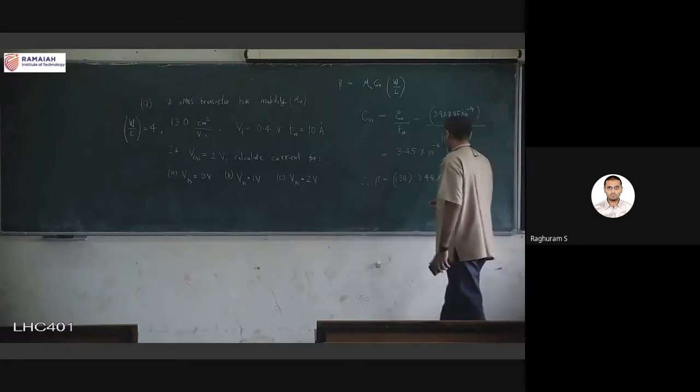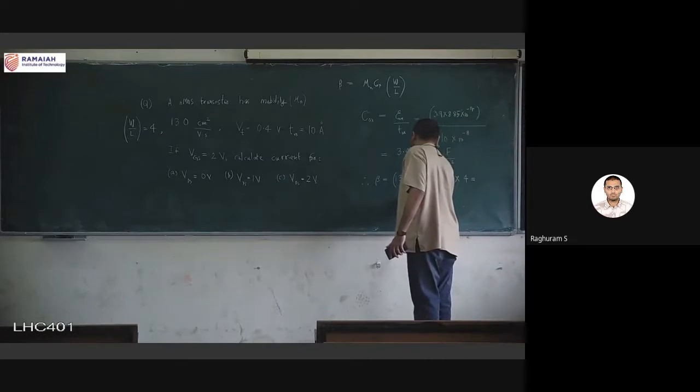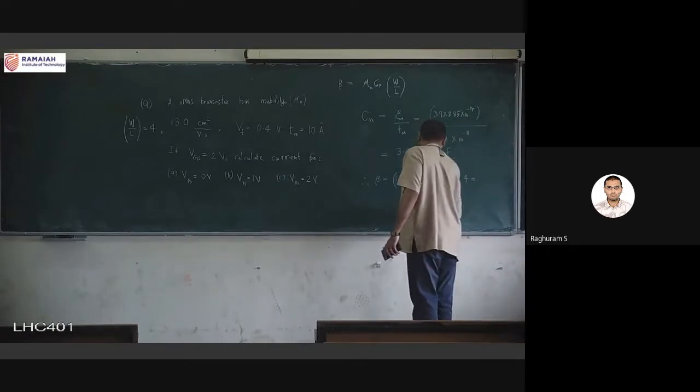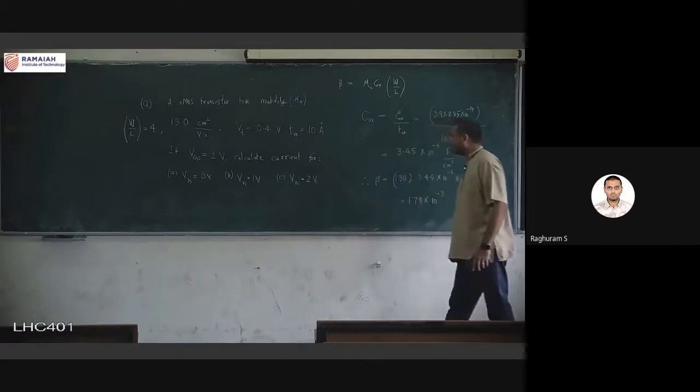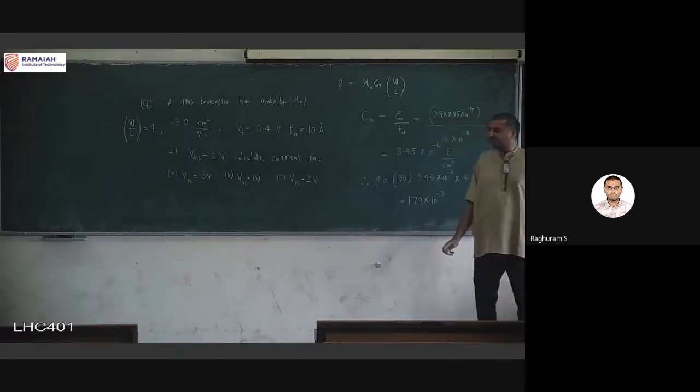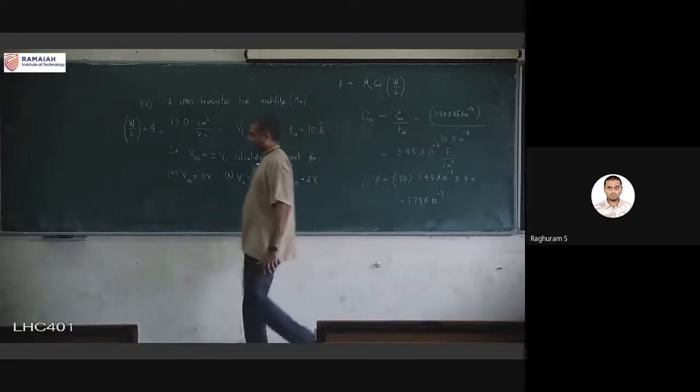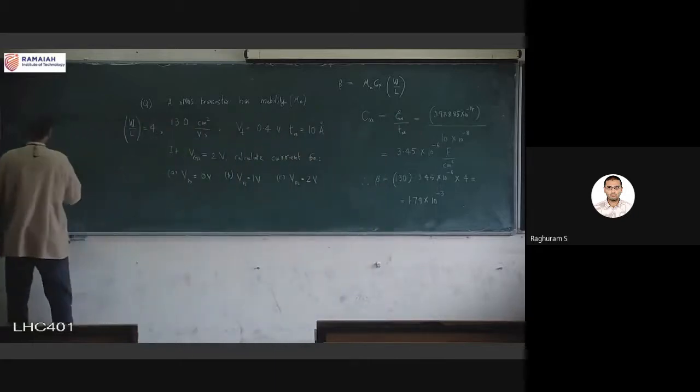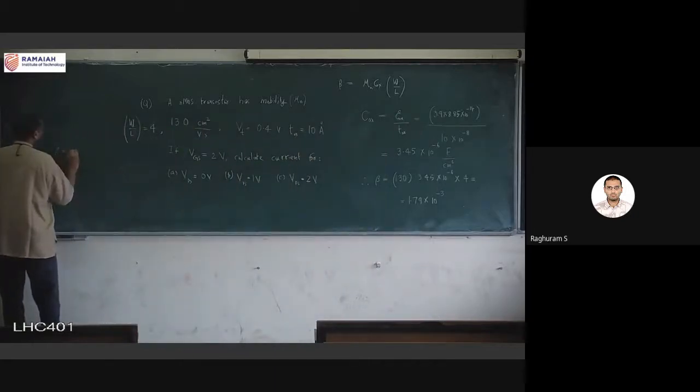So I'm getting 1.79 into 10 power minus 3. So this is the value of beta. So I will just write it on that side. Beta equal to 1.79 into 10 power minus 3.